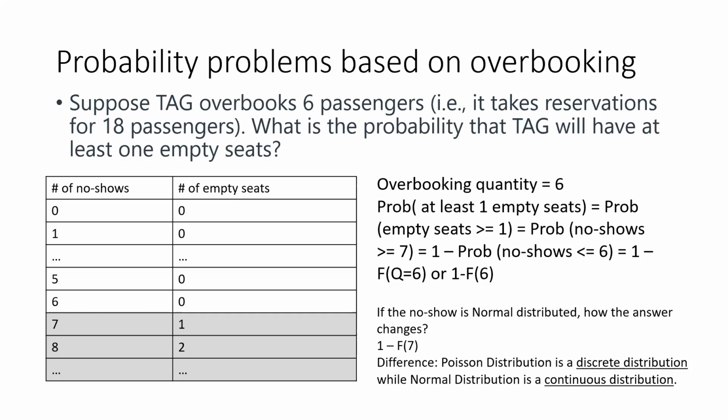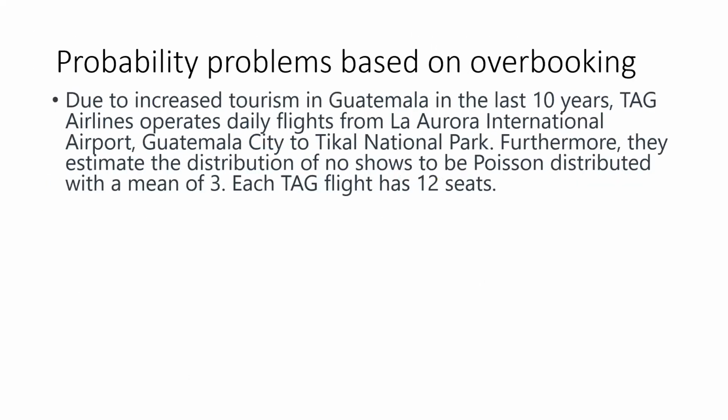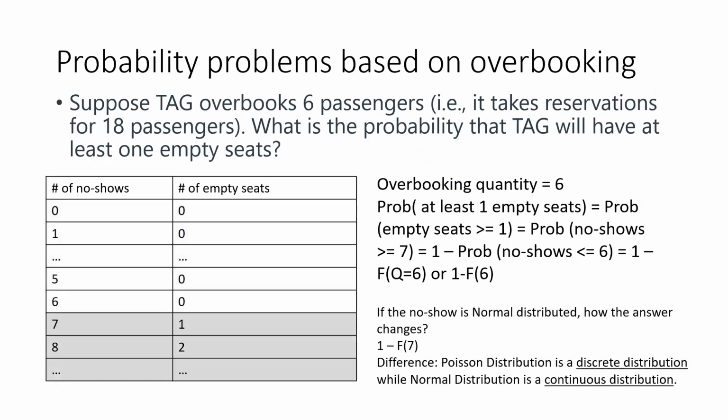Okay, let's talk about the Poisson distribution only. Furthermore, they estimate the distribution of no-shows to be Poisson distributed. So when it's Poisson distributed, if you see probability of no-shows greater than or equal to 7, then you take 1 and subtract the probability of no-shows less than or equal to 6.